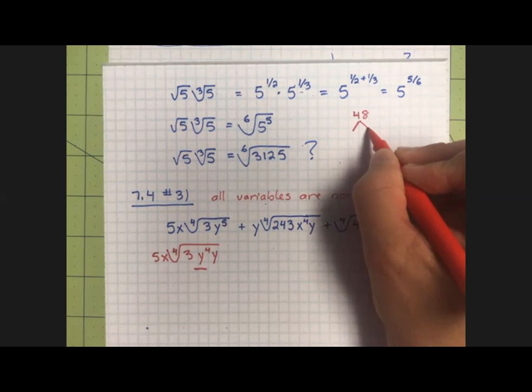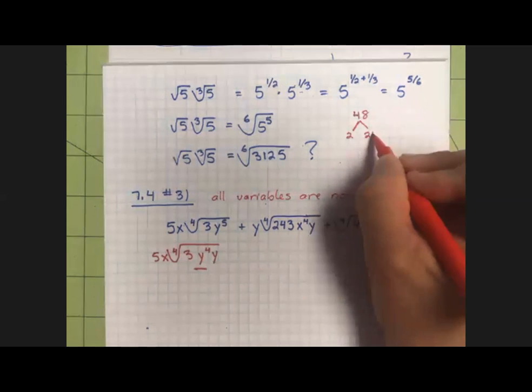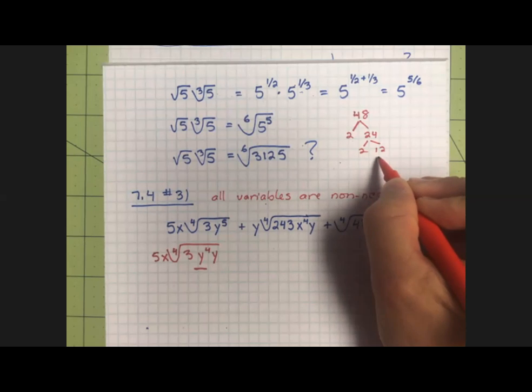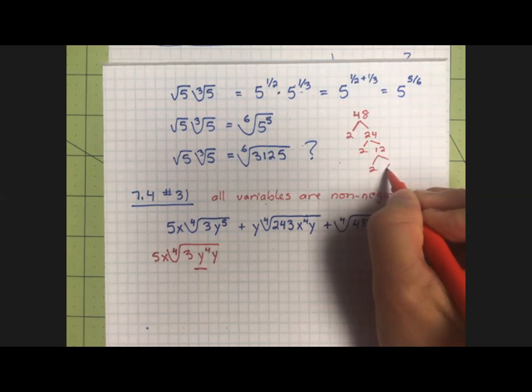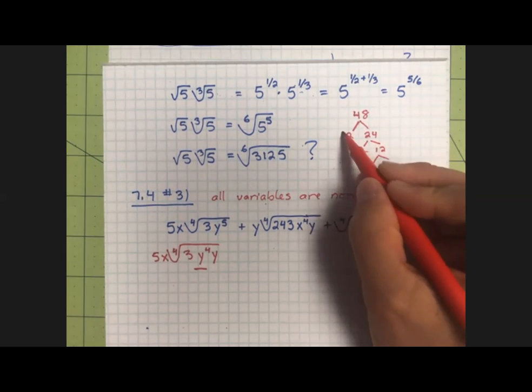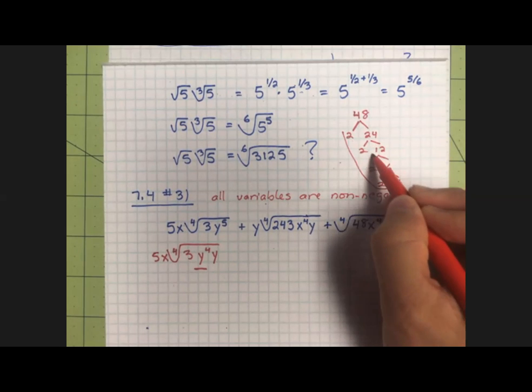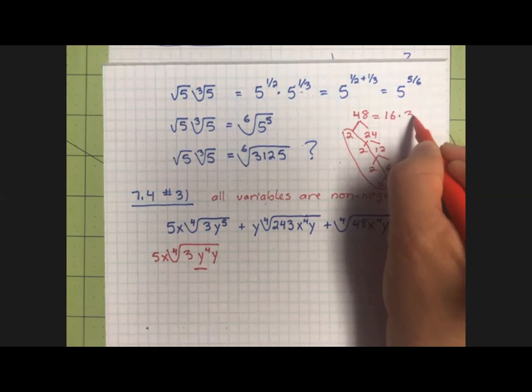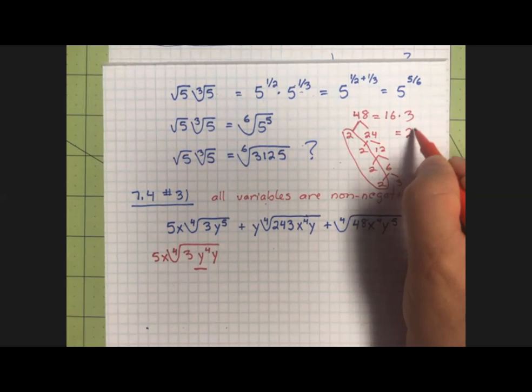48 is what? 2 times 24? 2 times 12? 2 times 6? 2 times 3. There is a perfect 4th power inside 48. 48 is 16 times 3, and 16 is a perfect 4th power.